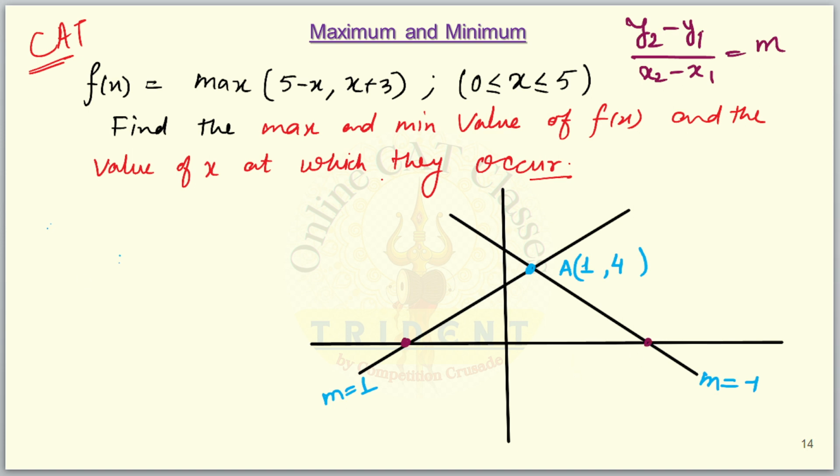The shape of the graph will obviously be restricted to this region 0 to 5, so we don't really need to look at this range. So this is out for our purposes, and let us draw a line at x equals 5.